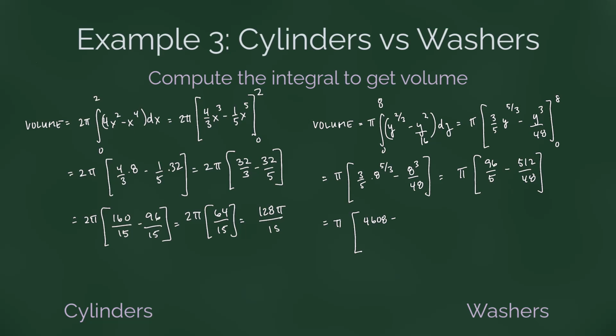We get 4,608 minus 2,560 over our common denominator of 240. And working that out, we see that our final answer is in fact pi times 128 over 15 cubic units, just like we got from the cylinder method.